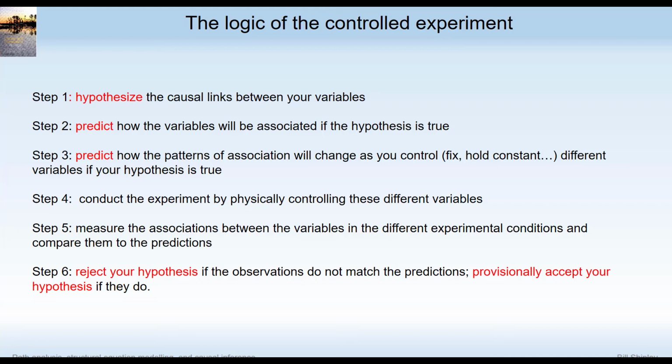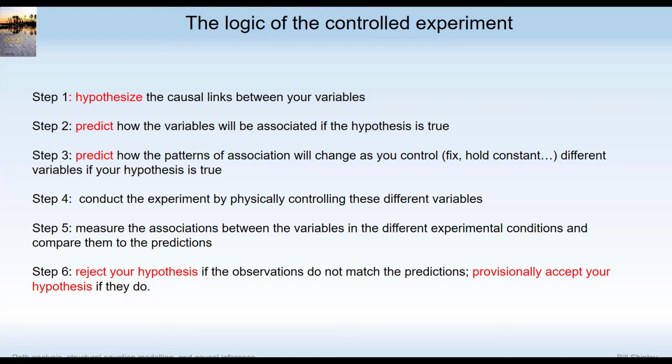So after you've devised these predictions based on your hypothesis, you then conduct the experiment by physically controlling these different variables and then comparing the observations of these associations to the predictions that your hypothesis produced. So you want to say, does the color of the blood change if I control and prevent the kidney from producing urine?